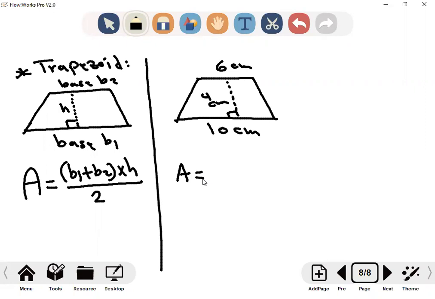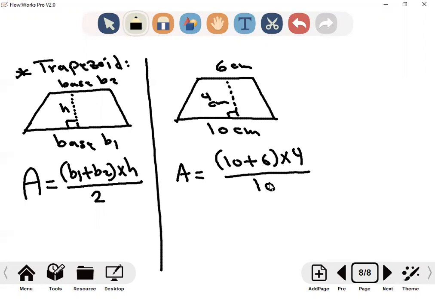Let's do it together. We write the formula first, right? This is the formula, it's already written. Base 1, how much? 10. Base 2, and the height 4. Apply. So it will be 10 plus 6, multiply the height 4, all over 2.